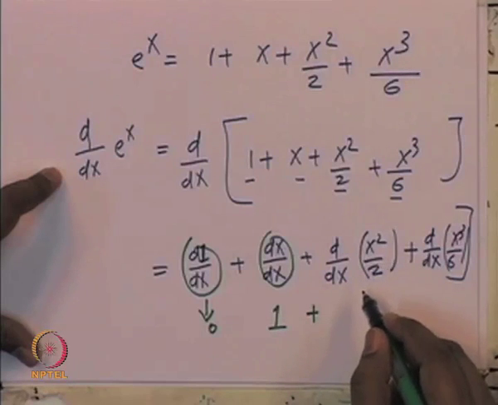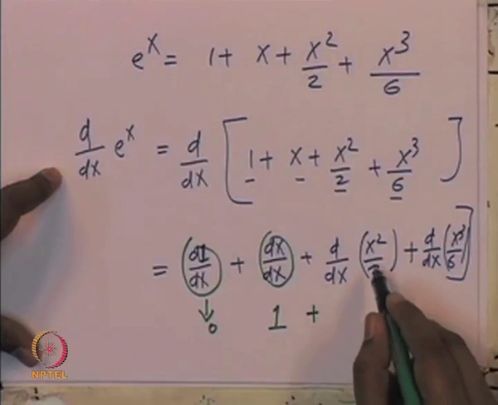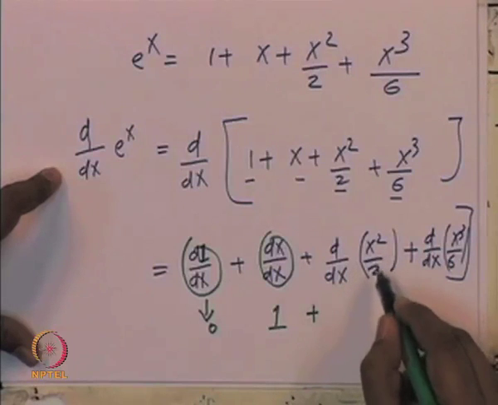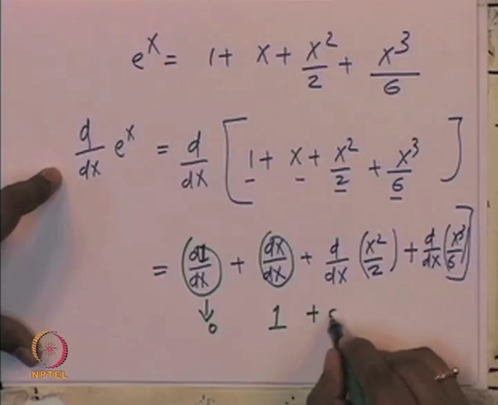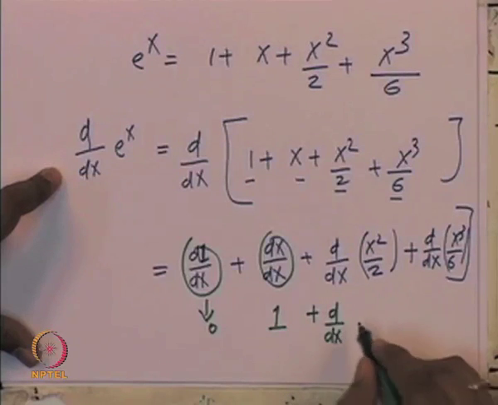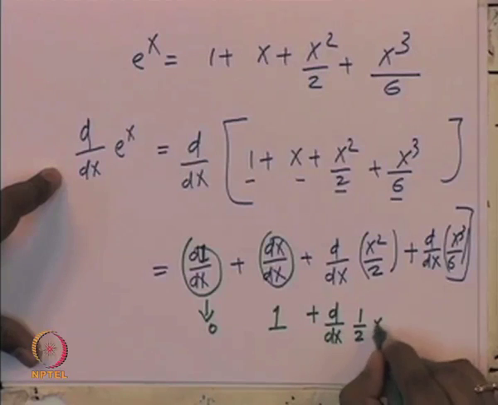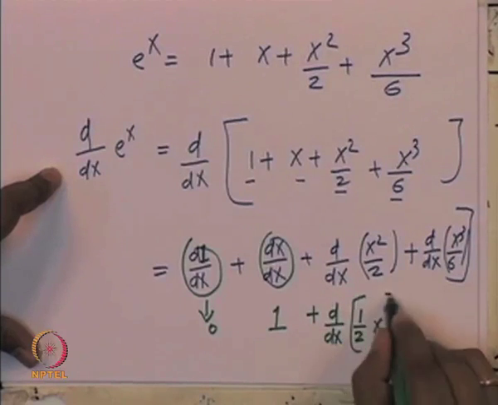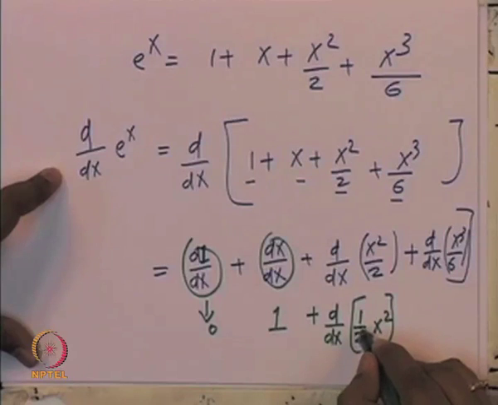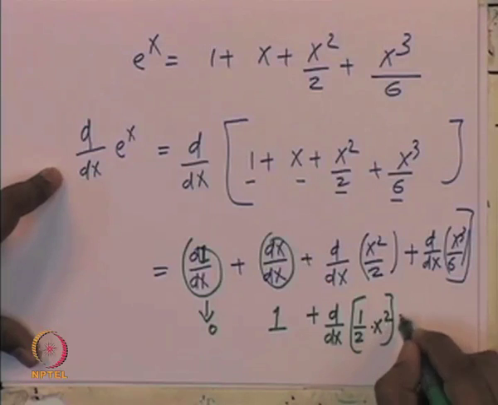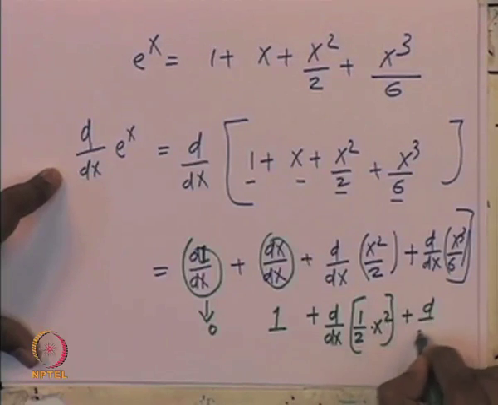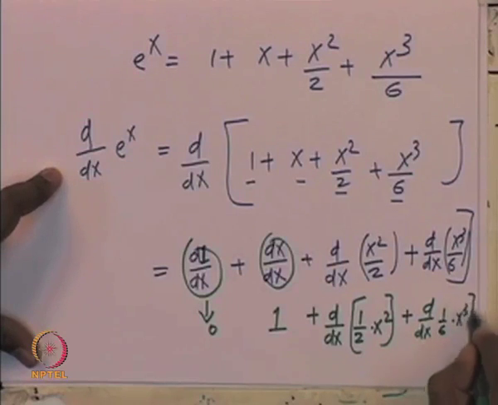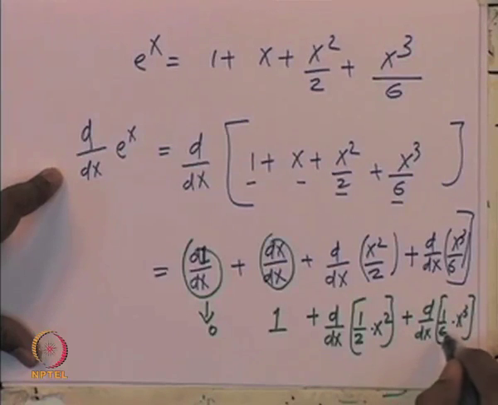Plus, now we want to calculate the derivative of x square by 2. Here we can use the product rule. So, x square by 2 is basically d by dx of half into x square. Half is a constant times x square. Then, again, d by dx of 1 by 6 times x cube. 1 by 6 is a constant.